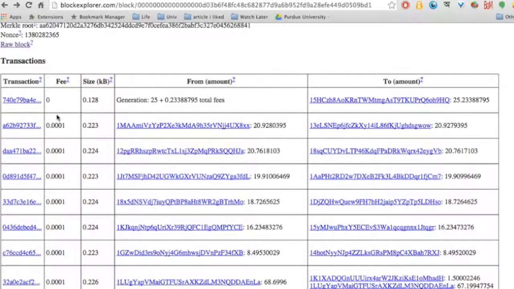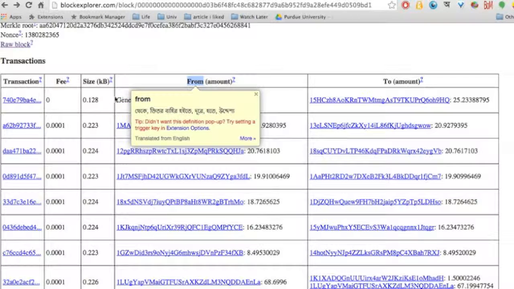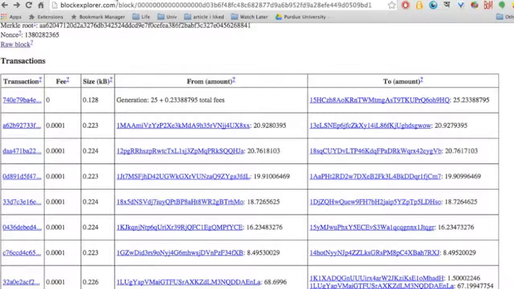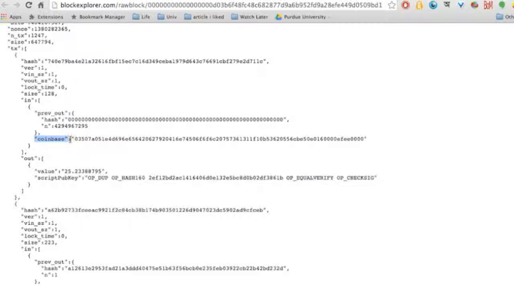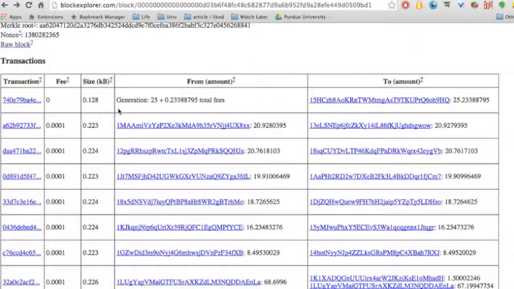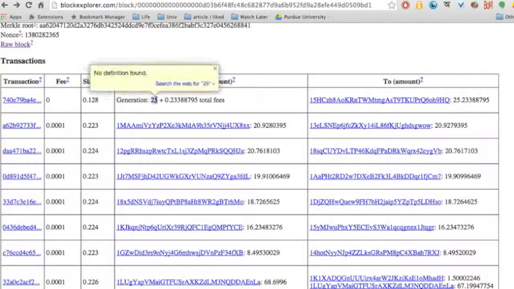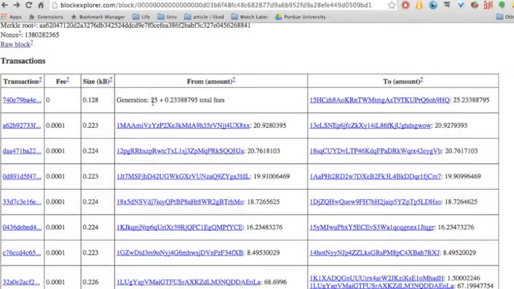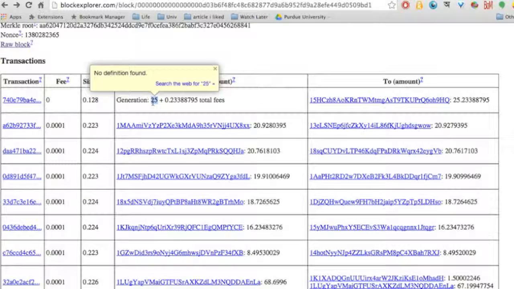As you can see, in the first transaction, which we call the generation transaction, in the input section there's no specific Bitcoin address. So when we see this Coinbase token, that basically means the generation Bitcoin address, and you can see 25 Bitcoin has been rewarded to him.